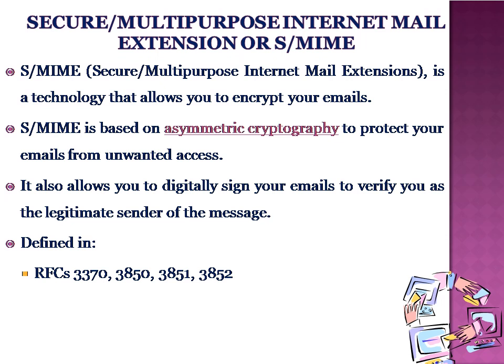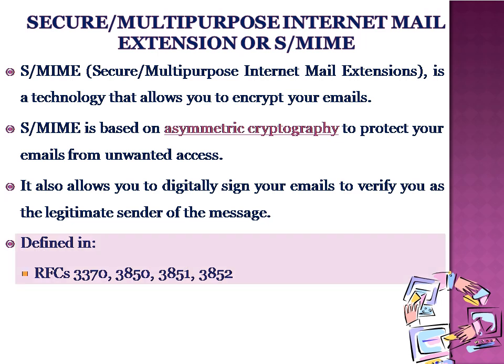And since we know that there are two types of encryption schemes, symmetric and asymmetric, S/MIME uses asymmetric cryptography to protect your emails from unwanted access. And not only this, it also allows you to digitally sign your emails to verify you as the legitimate sender of the message, thus making it an effective weapon against many phishing attacks, hence providing authentication.